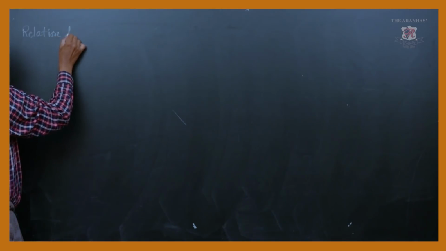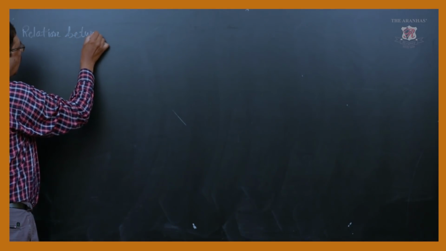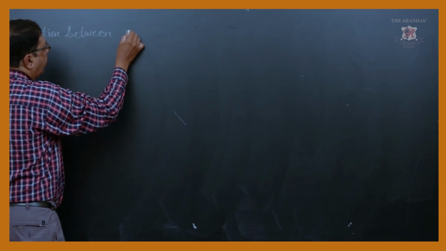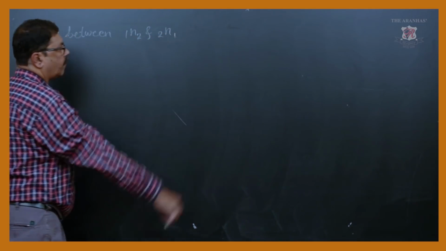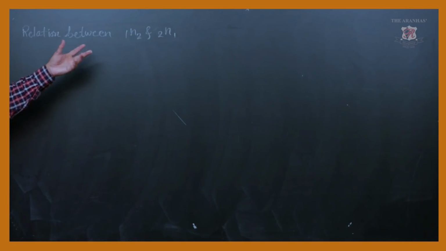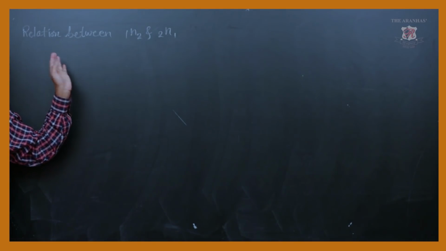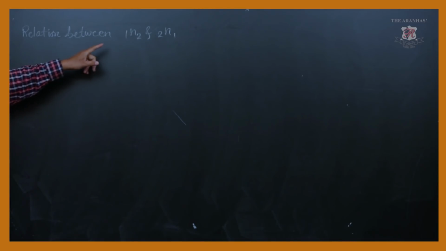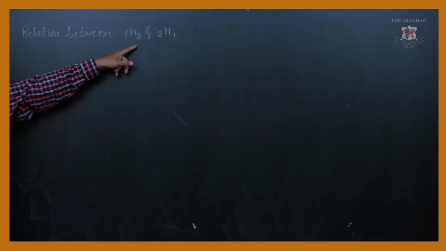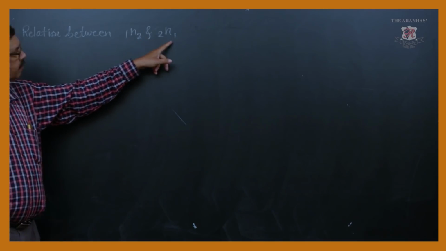What is the relation between 1n2 and 2n1? We will take some application type questions which have already occurred in the board exam. So, derive the relation between refractive index of second medium with respect to first and first medium with respect to second.